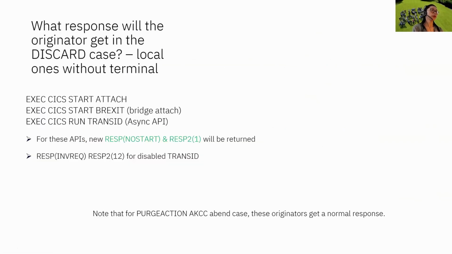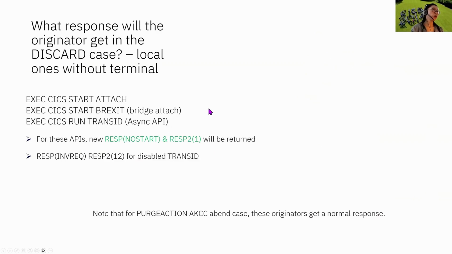So what response will the requester or originator get? Starting a task can be done through API commands, for example, start attach, start brext, bridge attach, or run trans ID, which is an async API.